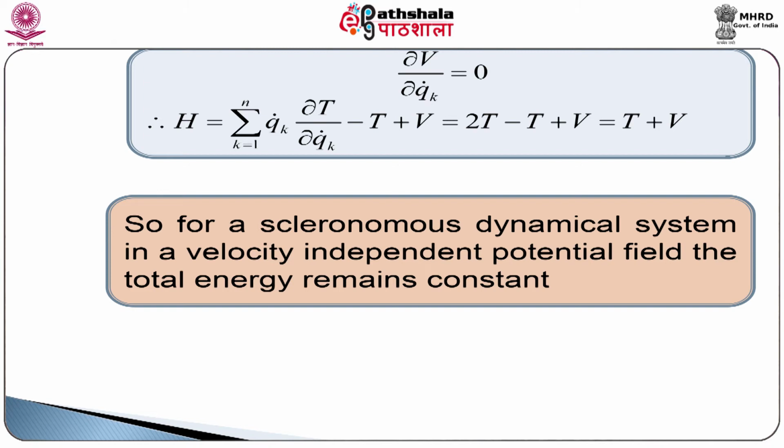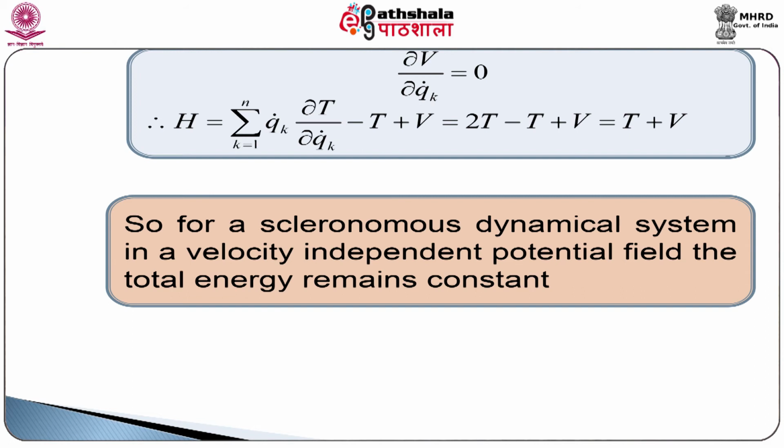If we use this, we get H equal to summation k equal to 1 to n Qk dot del T del Qk dot minus T plus V. We already have summation k equal to 1 to n Qk dot del T del Qk dot equal to 2T. So, if we use this result in this expression, then we finally get H equal to 2T minus T plus V equal to T plus V.